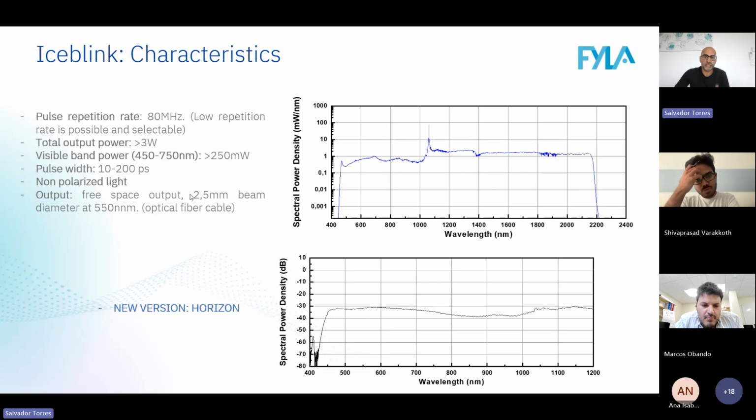The pulse duration depends on the bandwidth considered, since the fiber has dispersion, and its value varies from 10 picoseconds to 200 picoseconds. The 200 picoseconds is when we consider the entire bandwidth. This is a non-polarized source, and the output is presented with a 1 meter fiber section connected to a final collimator that generates a beam with an approximate 2.5 millimeter beam diameter in the visible region.